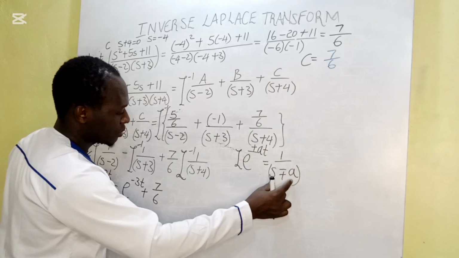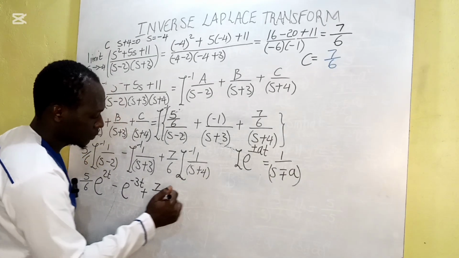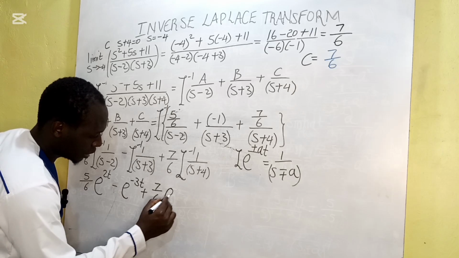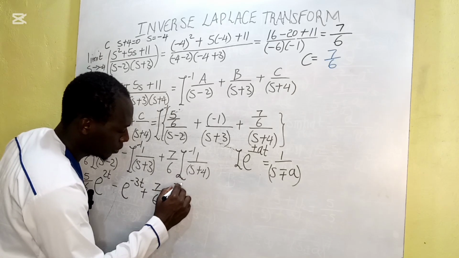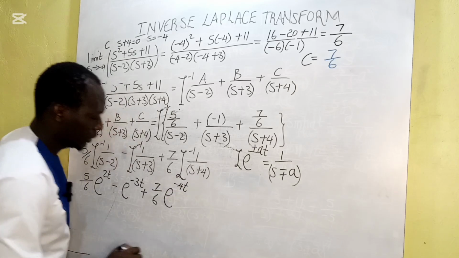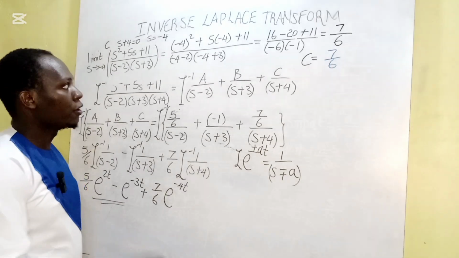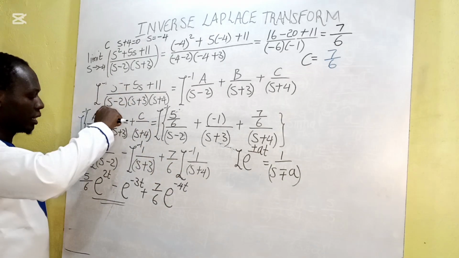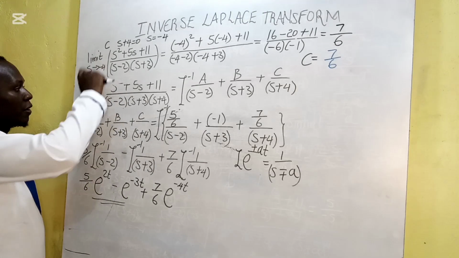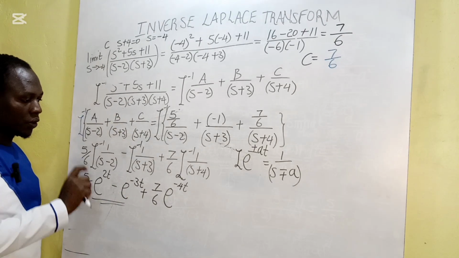The inverse Laplace transform, here we are having a positive, exponential, a negative of 4t. And this is how you go about finding the inverse Laplace transform of the function that we started working with.